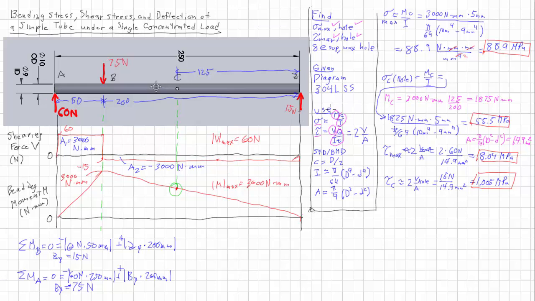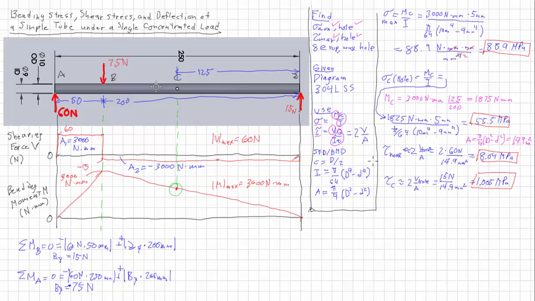For what we were using, we realized that we needed to find these things as well as use some of these other formulas. Employing those formulas yielded the bending stress at two different locations and the shear stress at those two locations. That was fairly straightforward.